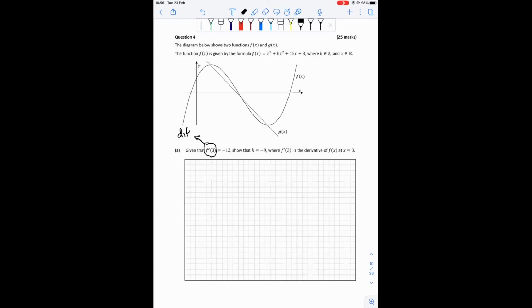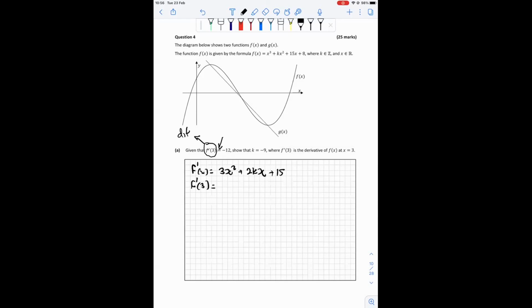Let's do it. So the first thing we're going to do is f tag. That means differentiate. Remember, x cubed becomes 3x squared. 3 comes forward, plus 2 comes forward now, so 2kx, plus power of 1, so that means just 15, and the differentiation of 8 is 0. They're telling us the differentiation f tag at the number 3, when x is 3, is equal to minus 12.